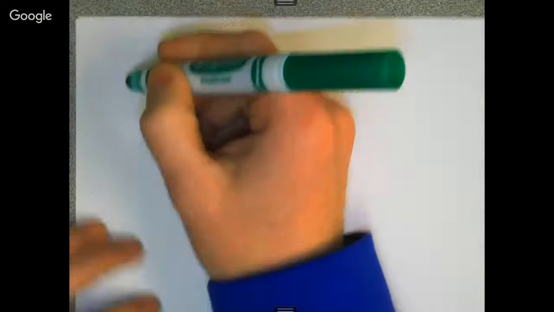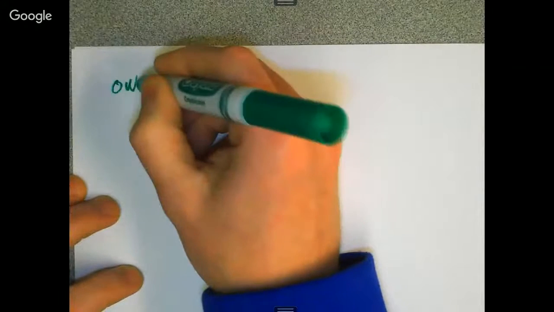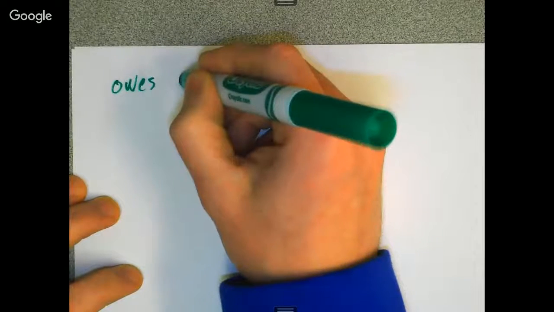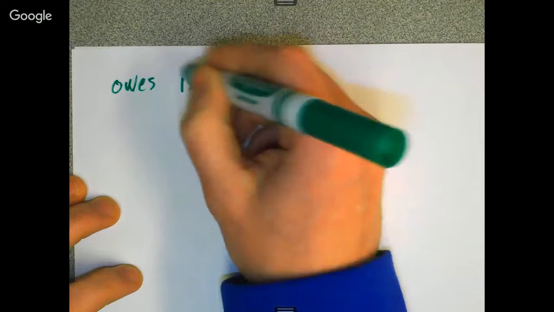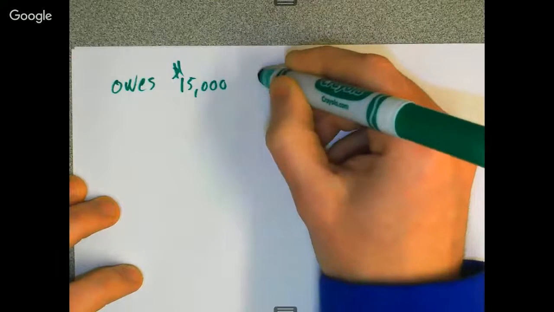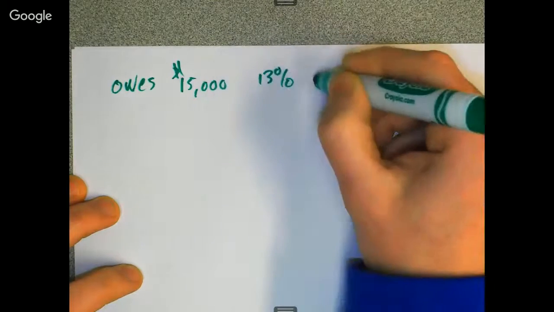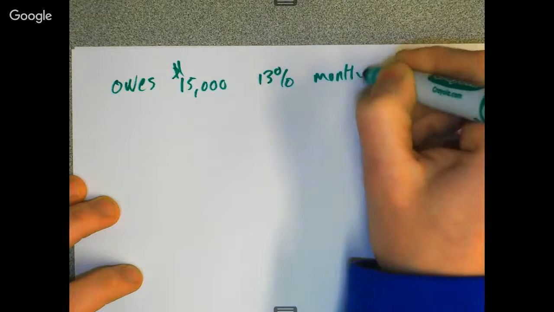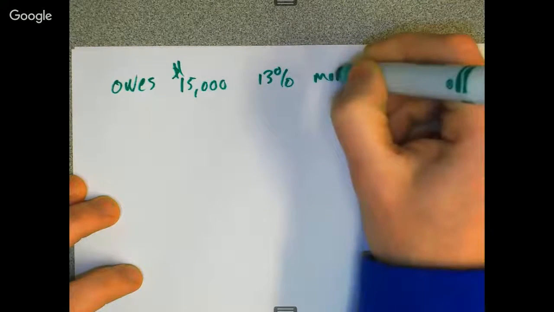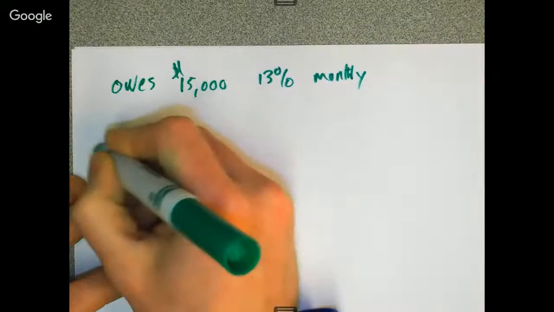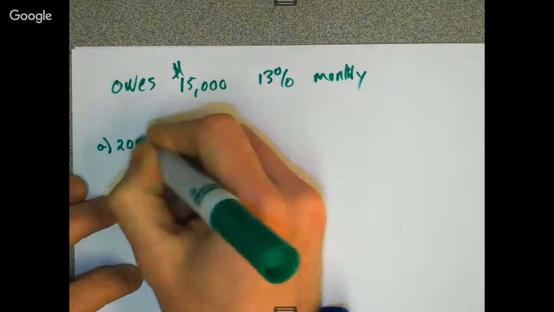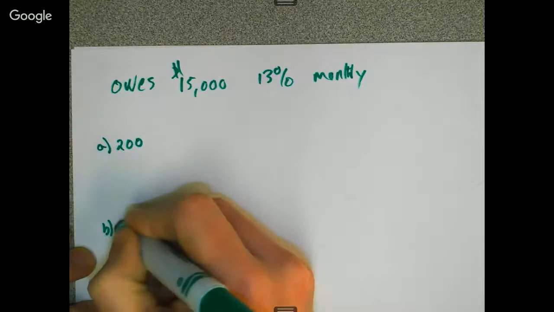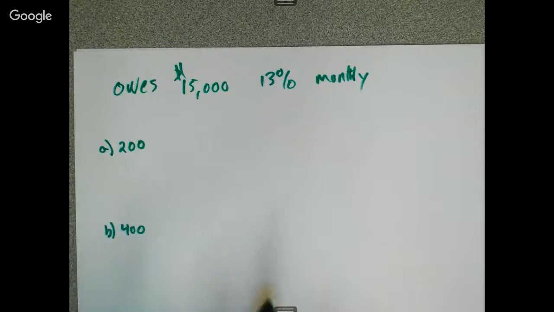Okay, so James owes $15,000 at 13% monthly. A, $200 payment, and B, $400 payment. So we're going to double it.